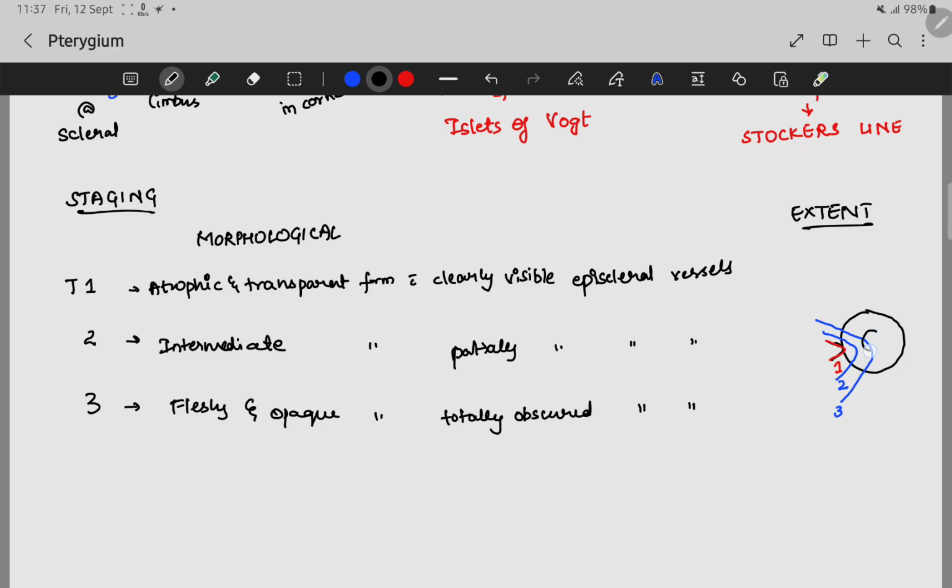So here we have this pupil, it is stage 3. So 1 is limbus, 2 is midway, and 3 is the pupillary margin. So these are three types based on the extent.